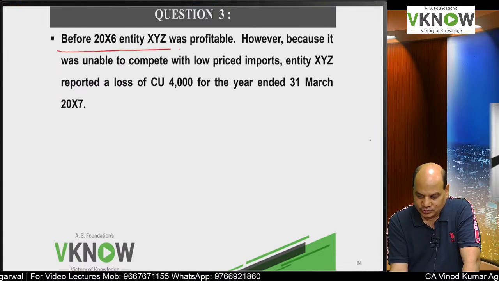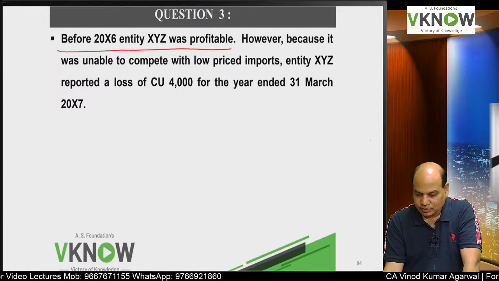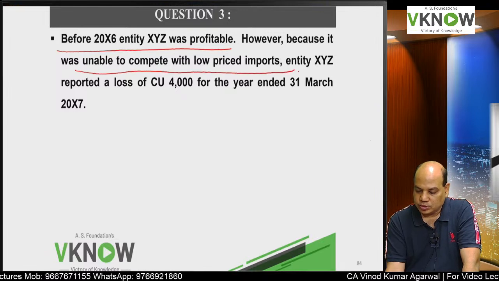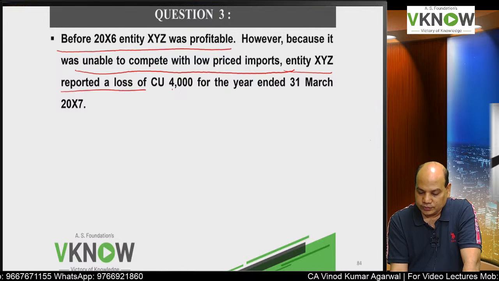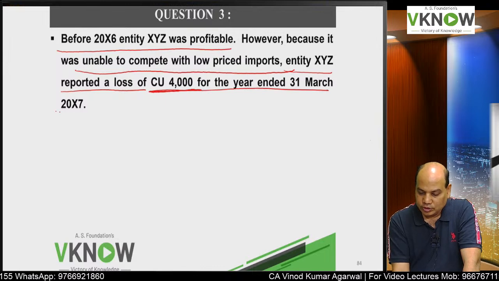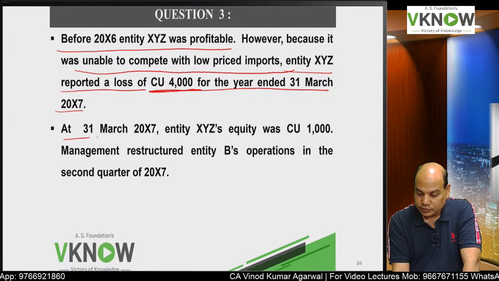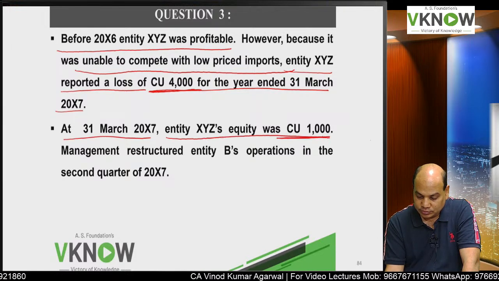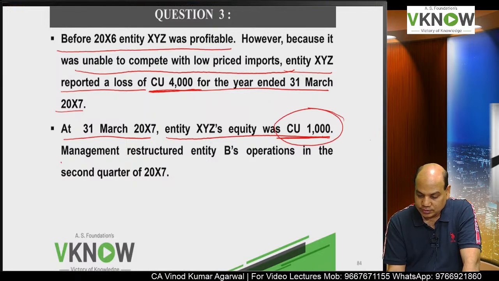Before 2006, entity XYZ was profitable. However, because it was unable to compete with low-priced imports, entity XYZ reported a loss of currency unit 4,000. So now it has become a loss-making company from a profit-making company. On 31st March 2007, entity XYZ's equity was 1000. It is still positive net worth.